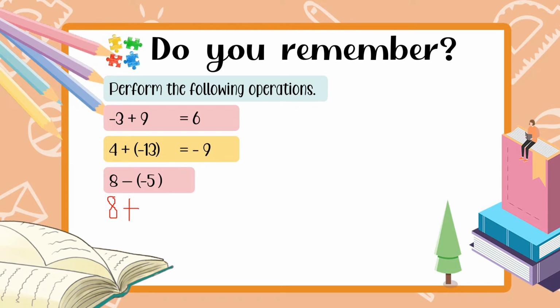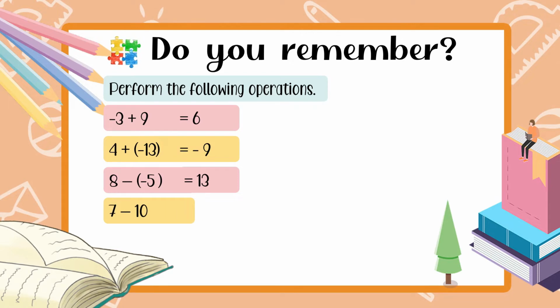Then, change the negative sign to positive sign. Okay? So, now we have 8 plus 5. So, naging addition na siya. So, tayo ngayon ay mag-a-add. 8 plus 5, we will get 13. So, since they are both positive, the answer is positive 13.